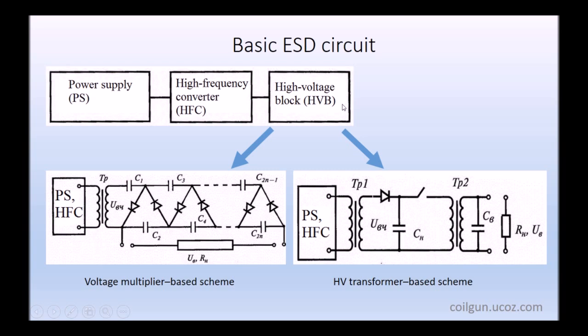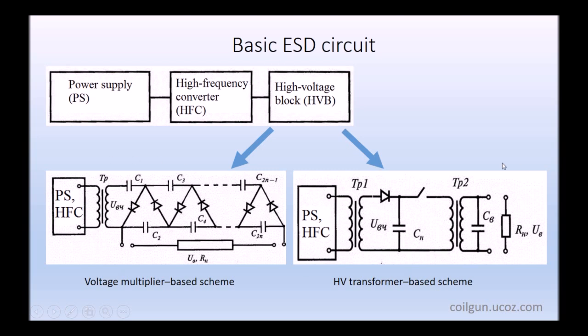What is the basic ESD circuit? It contains a power supply, then a high frequency converter, which boosts our input voltage to a level of some units of kilovolts. So we have some intermediate transformation, and the output high voltage block, which boosts the voltage from 1 or 2 kilovolts to some tens of kilovolts, which is necessary for us.